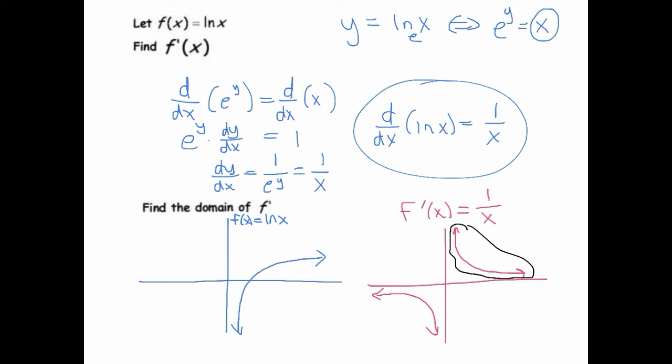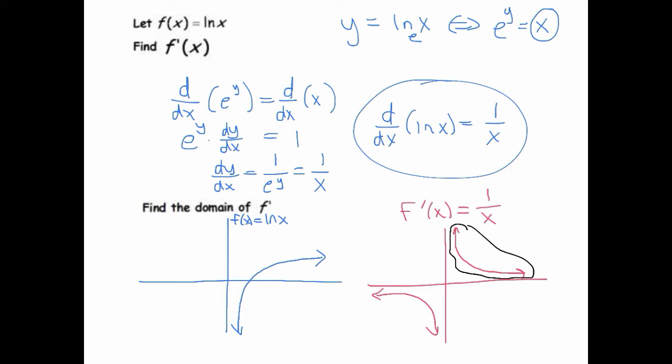The other thing you may notice is that the slopes closer to 0 for ln of x are really big and positive, and the y values of 1 over x are positive and really big. And then the slopes decrease for ln of x as x goes to infinity, and that's what's happening for 1 over x as well. In fact, the slopes are approaching 0, and the tangent lines to ln of x are approaching 0 as well.